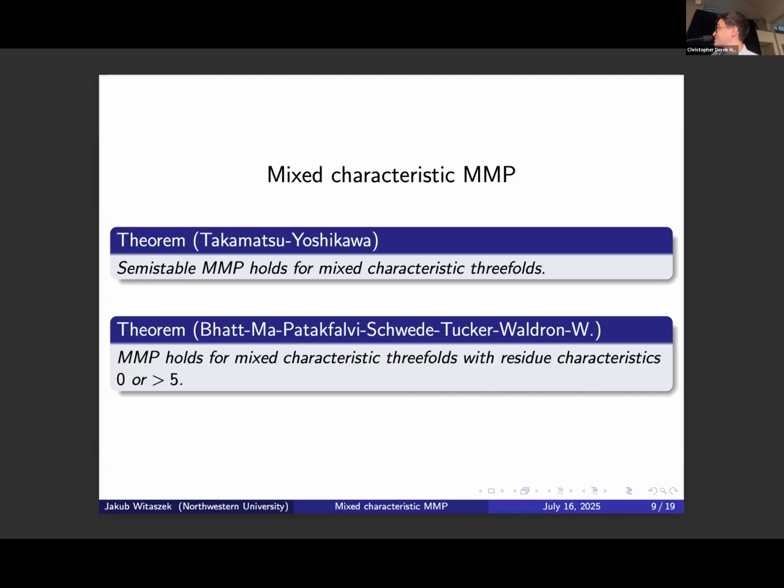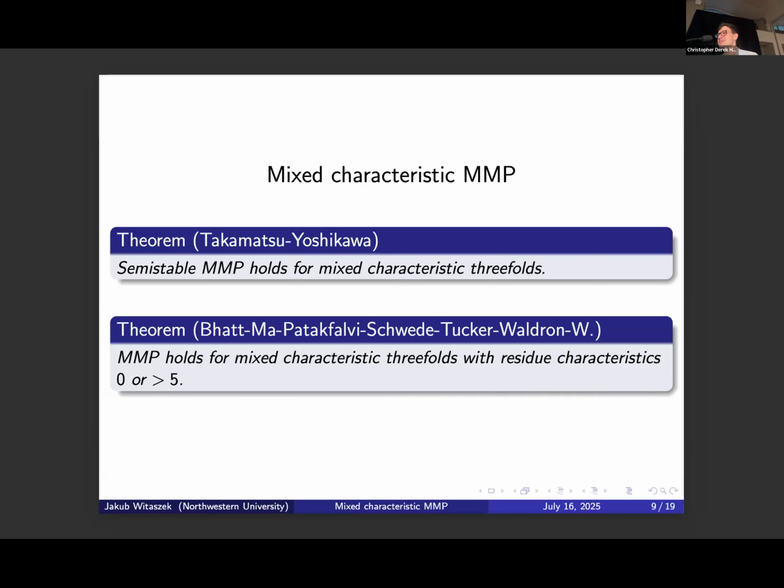And our seven-author collaboration extended the work of Christopher Hacon and Chenyang Xu to mixed characteristic. We established the minimal model program for mixed characteristic threefolds when the residue characteristics are 0 or greater than 5. In other words, we need 1/2, 1/3, and 1/5 in our rings.